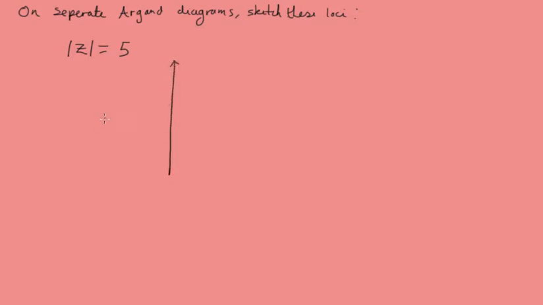So here's our Argand diagram. And this is how we put some values on it. We'll have 1, 2, 3, 4, 5, up to 6, minus 1, minus 2, minus 3, minus 4, minus 5, minus 6.